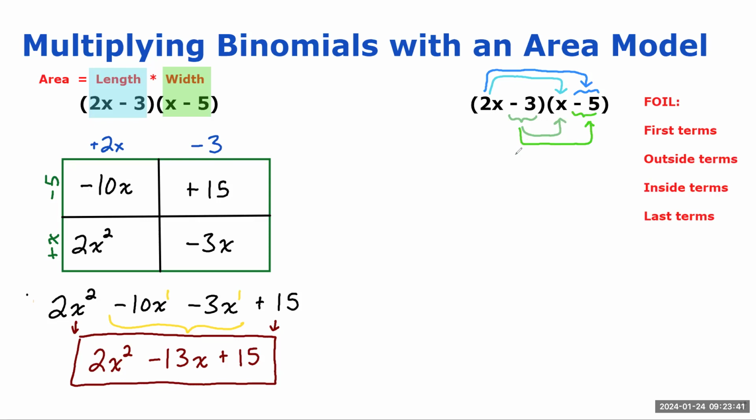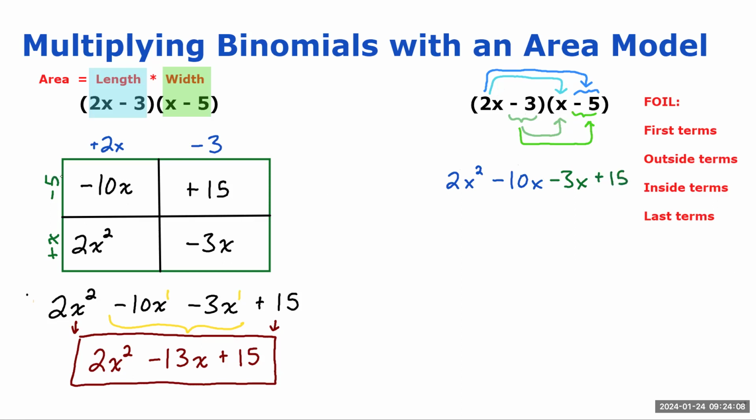So once again, keeping it all color-coded, 2x times x is going to be 2x squared. Going back to the 2x times -5 is going to be -10x. And then in green, -3 times x is going to be -3x. Going back to the -3, -3 times -5 is a +15.